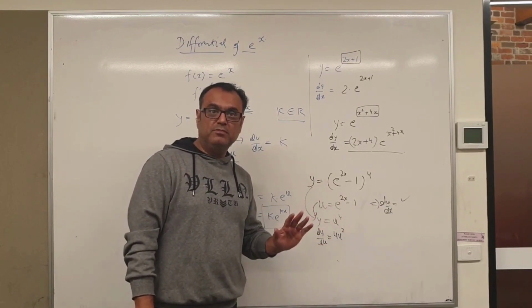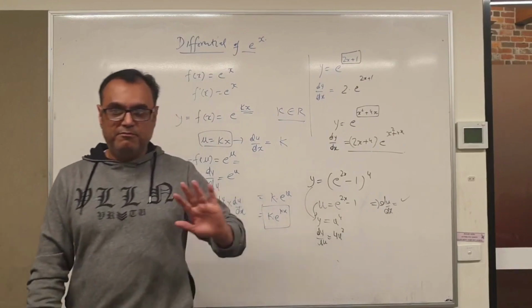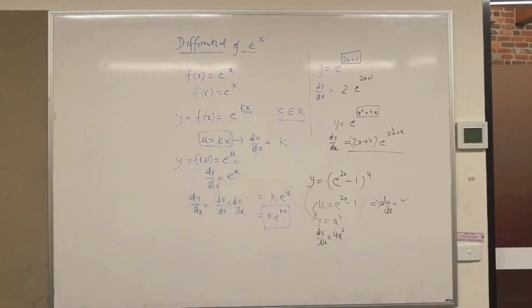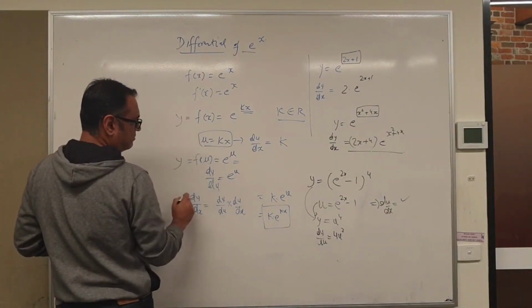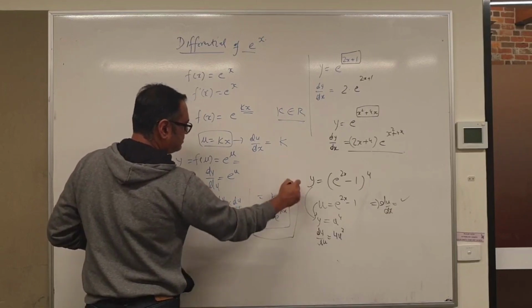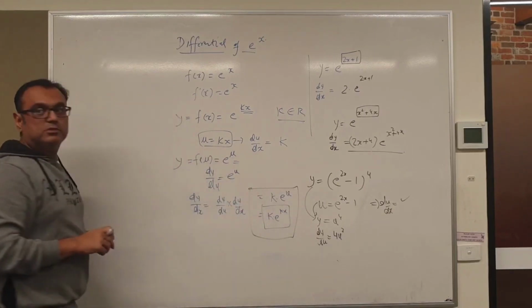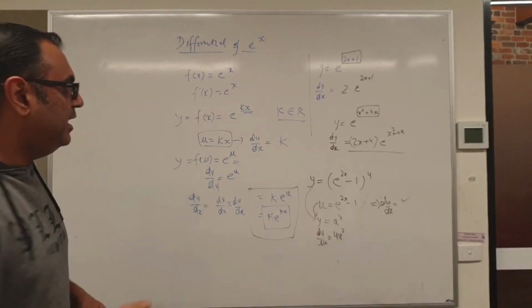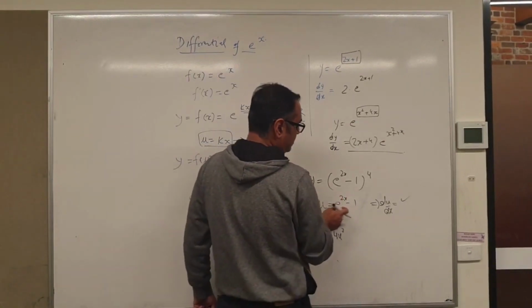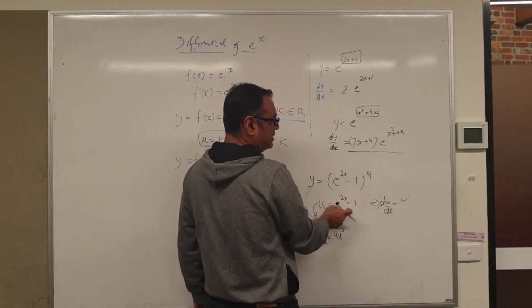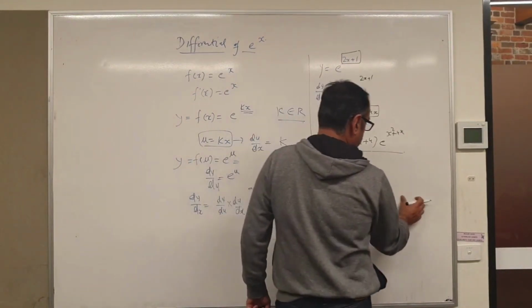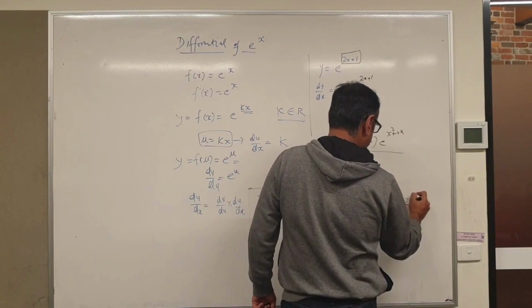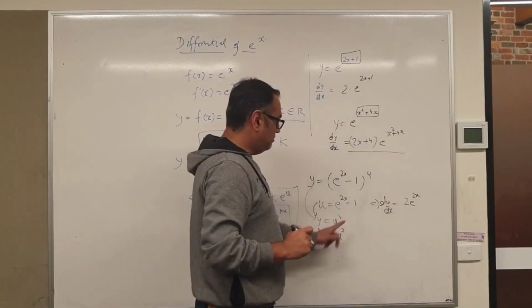Does that make sense? Very, very straightforward. We haven't learned anything new here except this. What's the answer? Let's differentiate e raised to the power of 2x minus 1. You get 2e raised to the power of 2x minus 0, because the 1 is a constant.